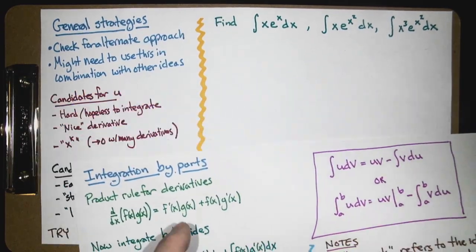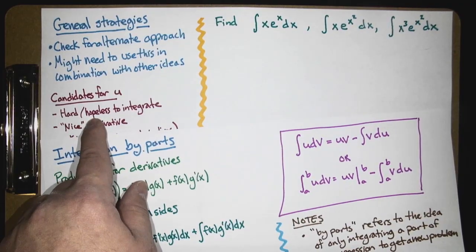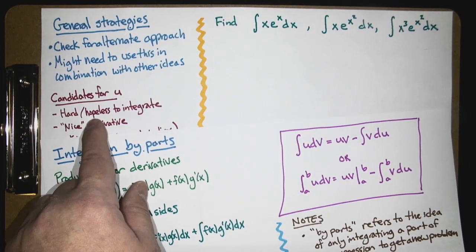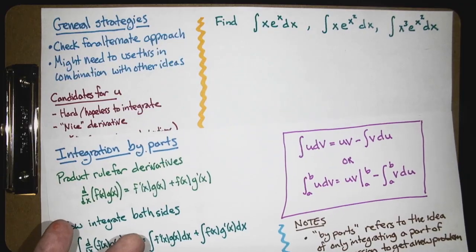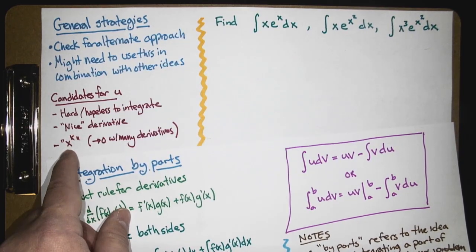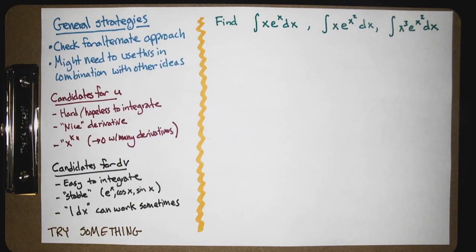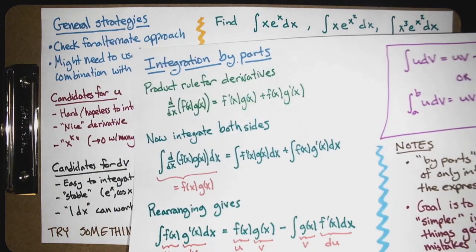So what should be the part that you take a derivative of? Something that you can't integrate. So if you see something and say, oh, that's hopeless to integrate, that's probably your u. And another thing is powers of x very often is your u because it can go to 0 with enough derivatives.